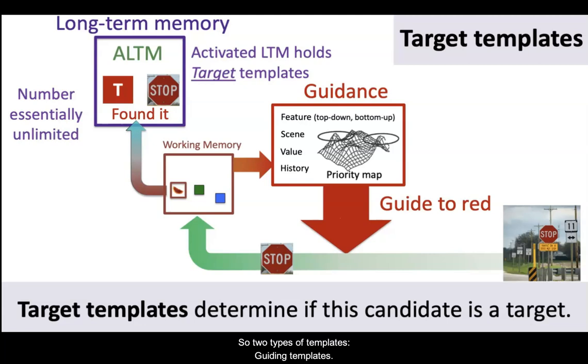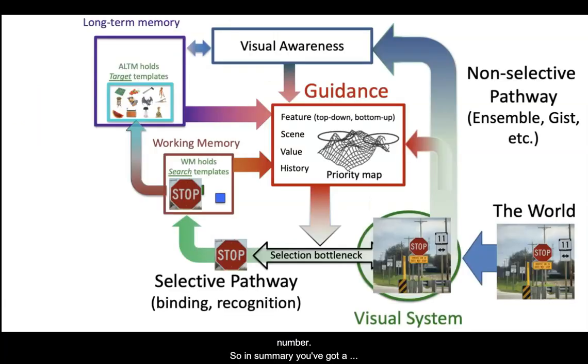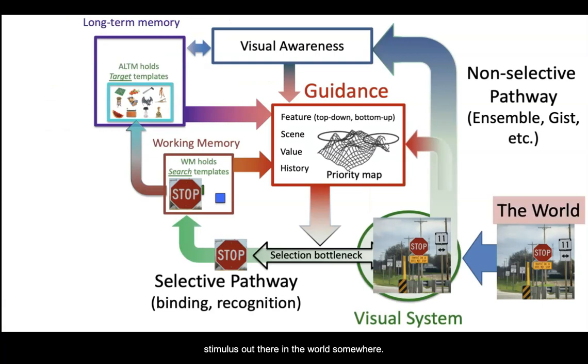So two types of templates: guiding templates that are part of this guidance mechanism and are very limited in number, and target templates that tell you whether you found what you're looking for, that are essentially unlimited in number.